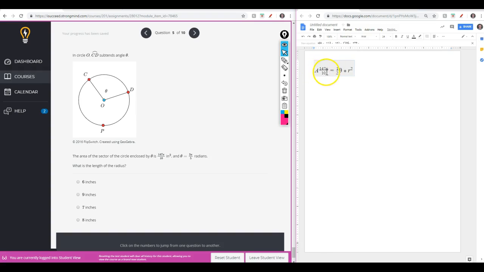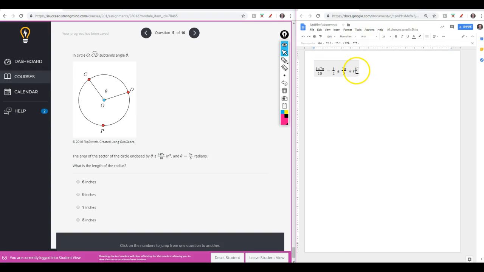I'm trying to get rid of this A. Okay. And theta is 3 pi fifths. So over here, again, that was multiplication. So we have 3 pi fifths. Okay, now we're simplifying for our radius squared.